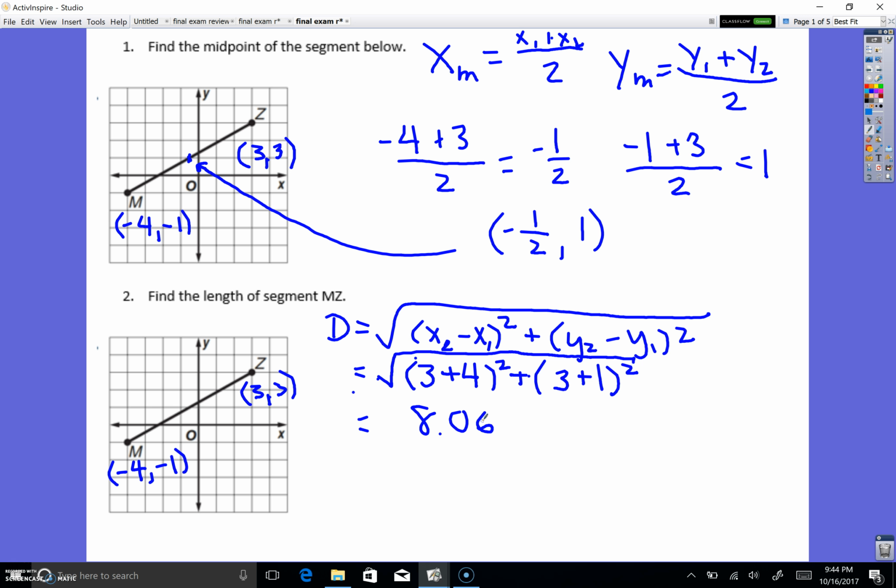Okay, so this right here, the length of MZ is 8.06. Let's try another one.